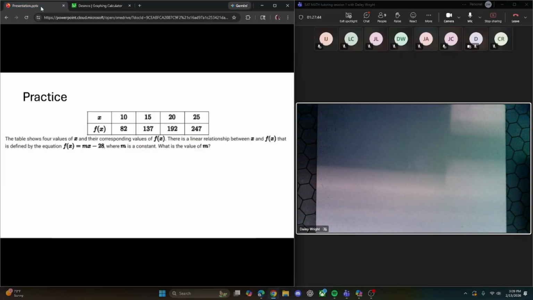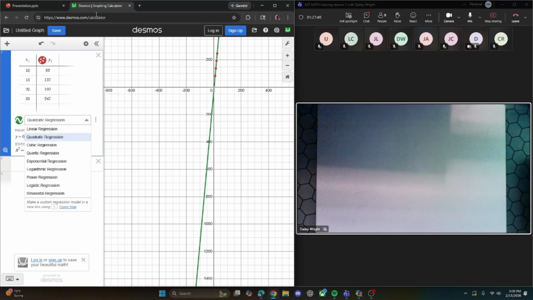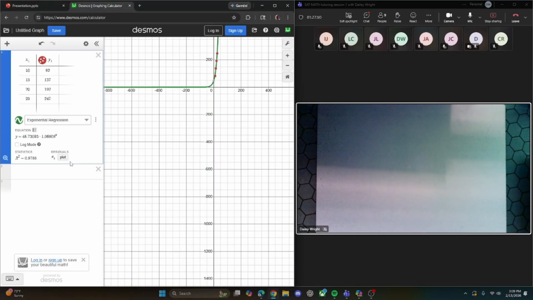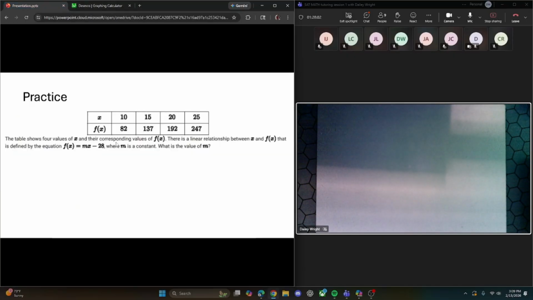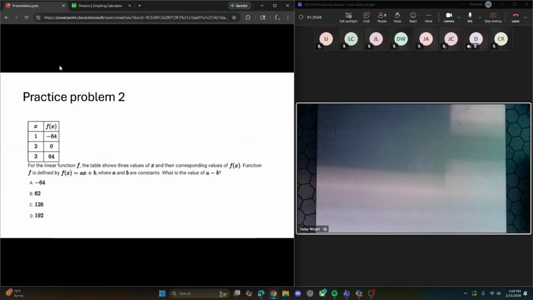If it said the relationship was exponential, then I would click exponential regression, and it would give me an exponential equation for the function. So that is why I use linear regression, because it shows that it's going to be a linear function.